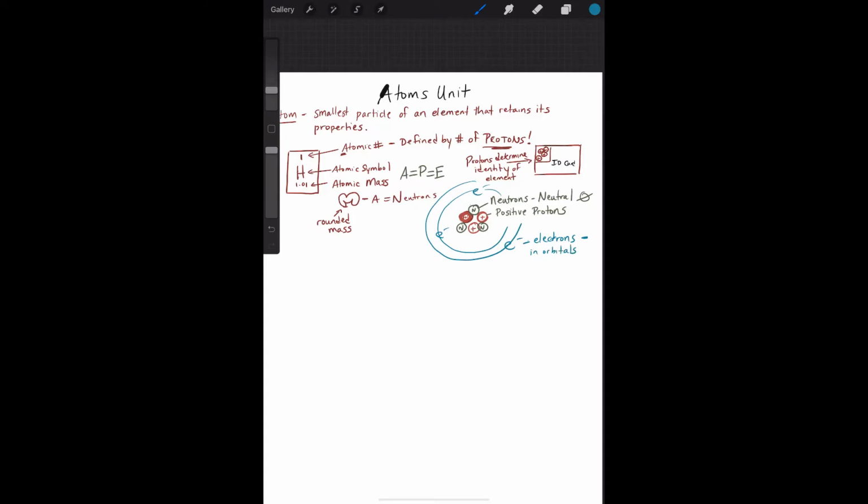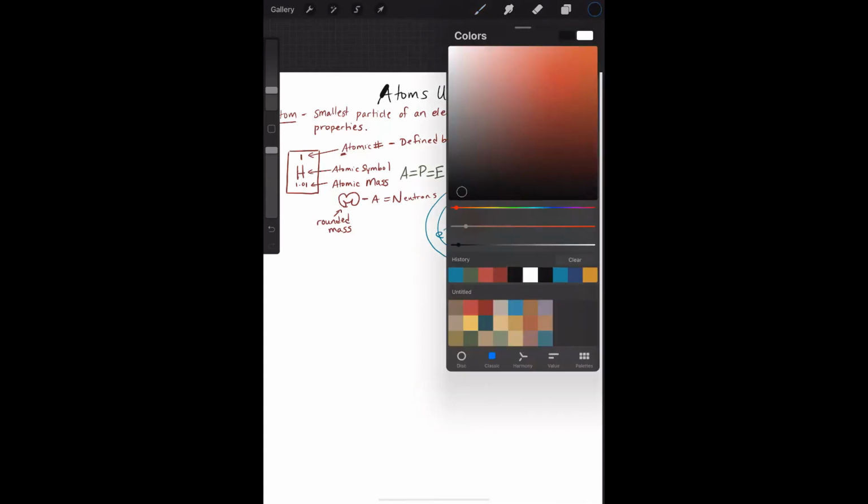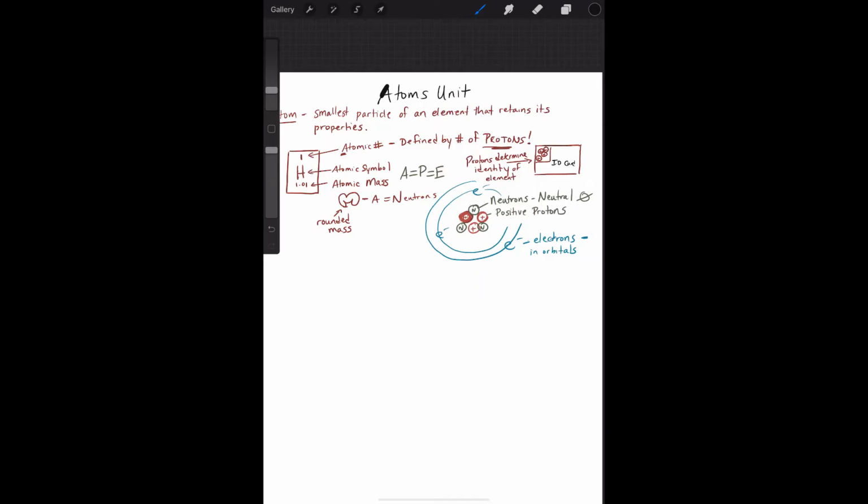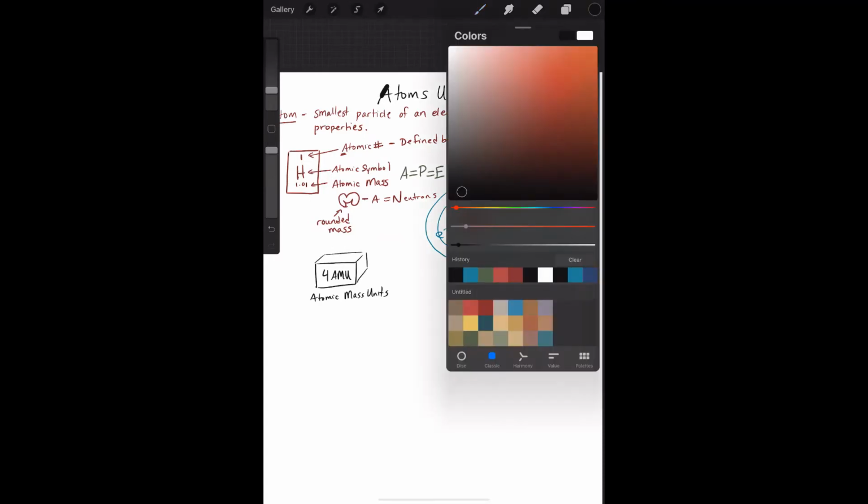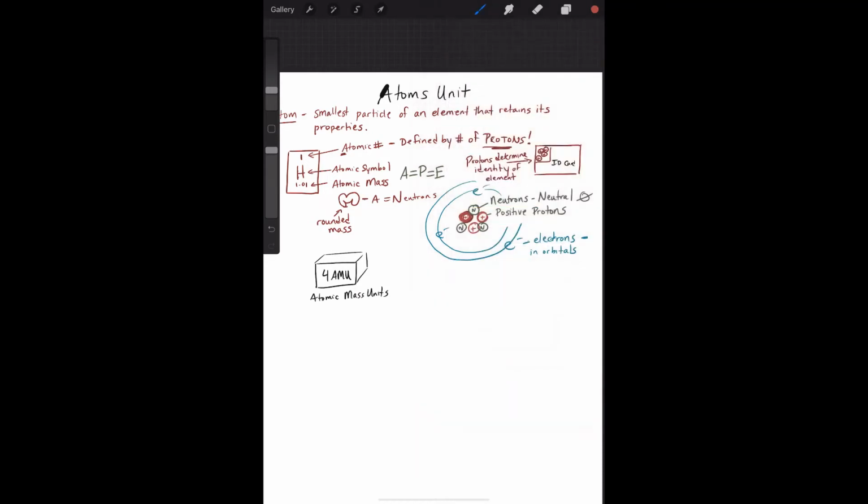In order to think about where the mass of the atom comes from, because I want to have lots of pictures in my notes, I'm going to draw a little box here. If I have an atom that has 4 AMU, that's atomic mass units, which is how we measure mass, then all of the mass is coming from the protons and neutrons.